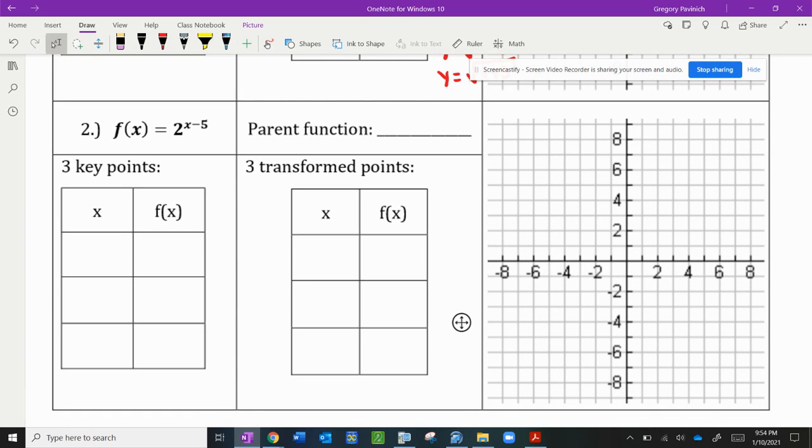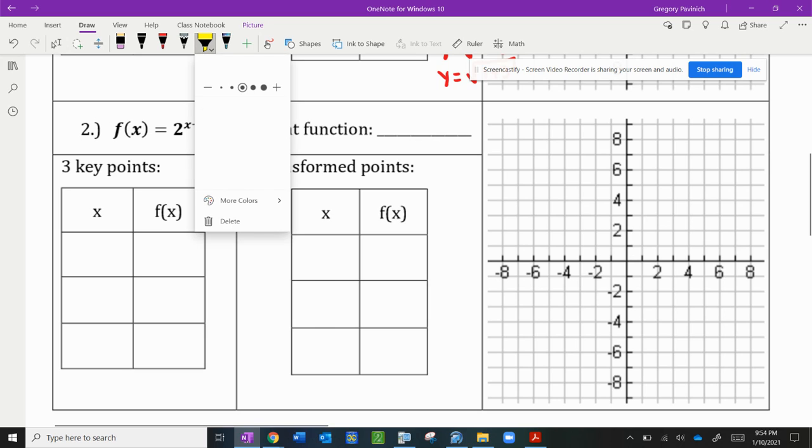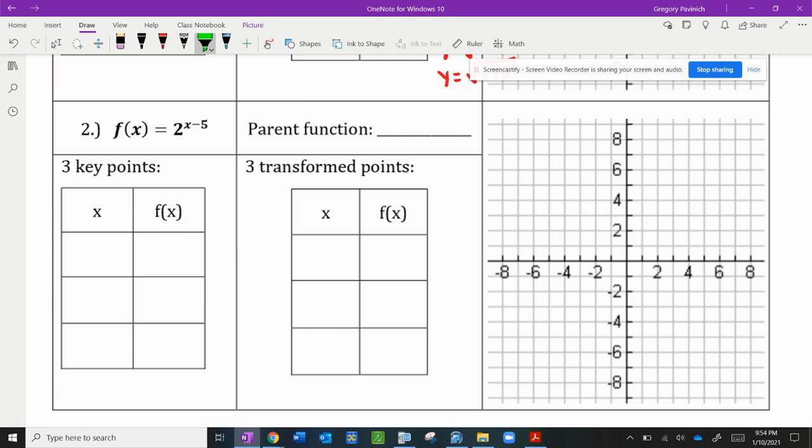Our next function is 2 raised to the power of x minus 5. I notice that my parent function is the exponential y is equal to 2 to the x, or f of x.